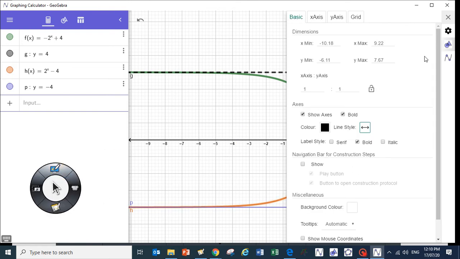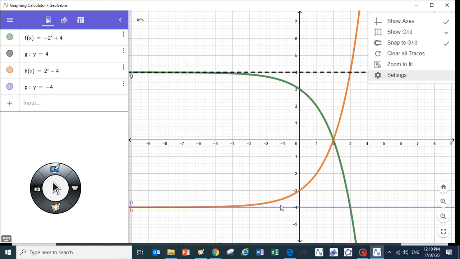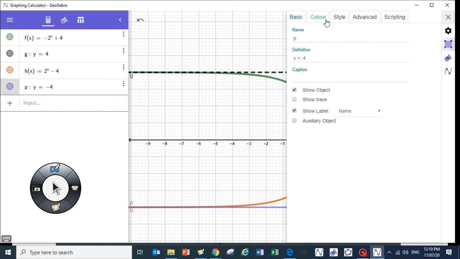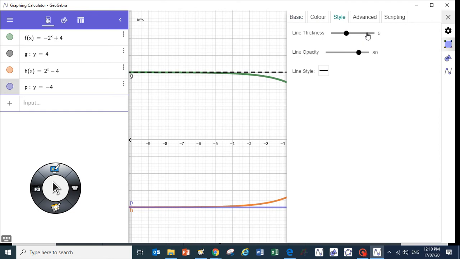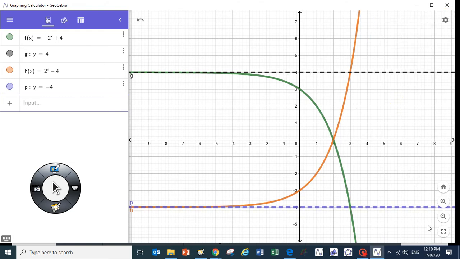We can make it thicker, and then I also need to make the asymptote thicker. The color I'll keep, the style make it thicker. Okay, so this is the scenario now. That's what you have there.